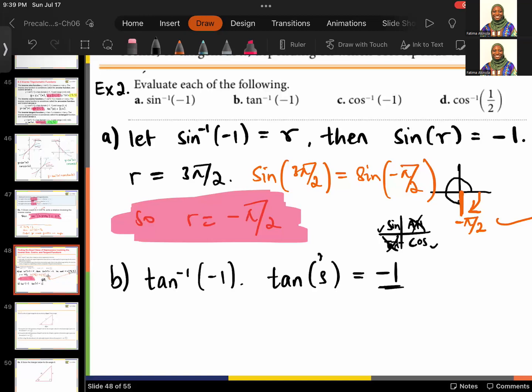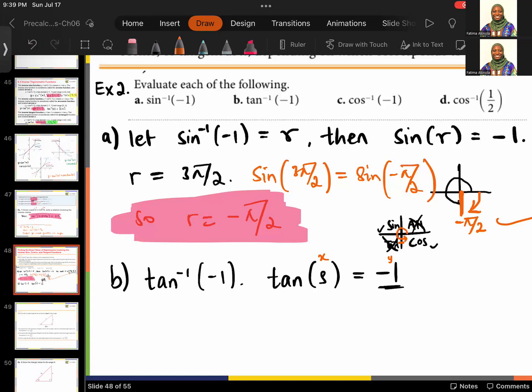Okay, remember this is an X value, this is a Y value. So -1 is right here. And now we just need to find that angle that gives us -1.